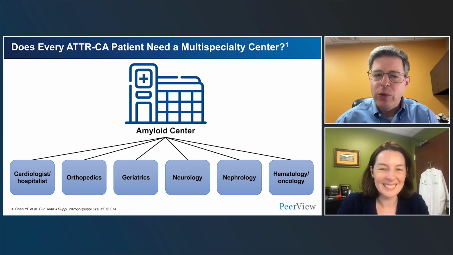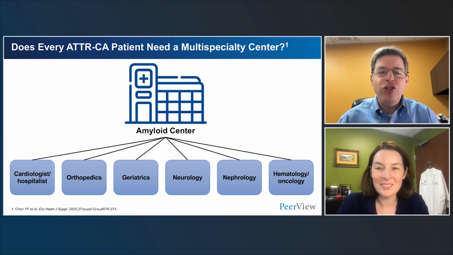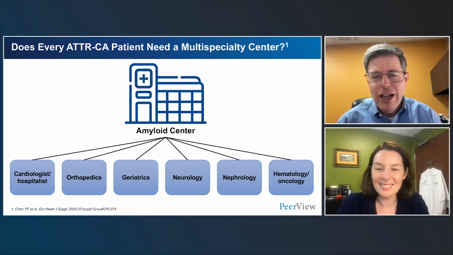For AL it really is critical, but ATTR amyloidosis is really not that rare, and most patients have wild type disease with cardiac manifestations as their only vital organ involvement. If we say that every patient needs to be referred to an amyloid center of excellence, the only way that can happen is if we're not diagnosing enough patients. So I would like to see this democratized and not say every single patient needs a multi-specialty center.